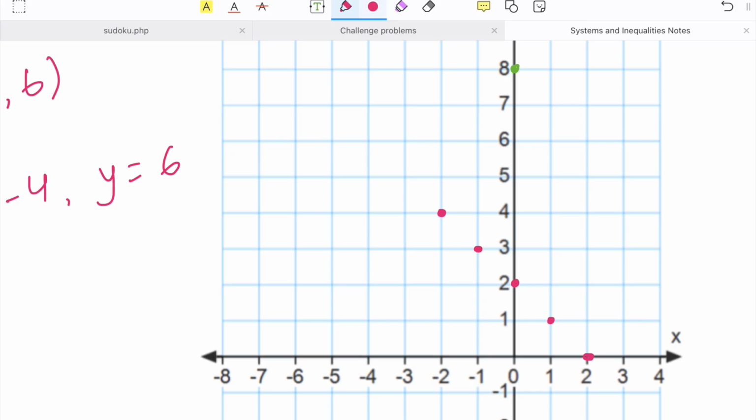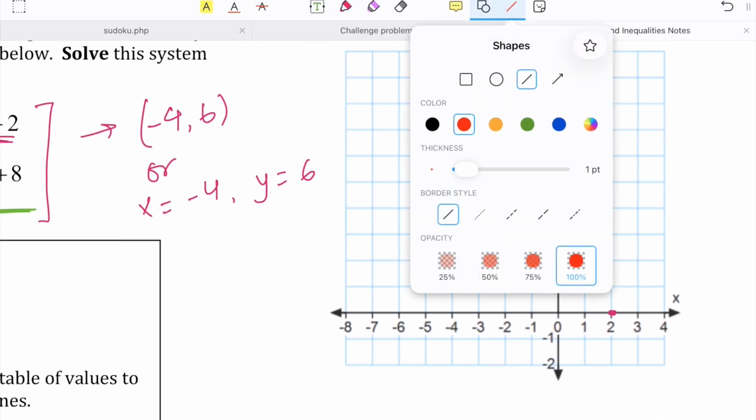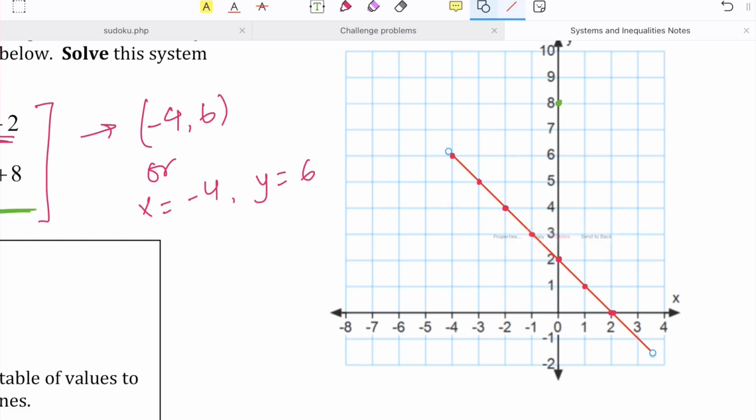We have negative 4, 6, negative 3, 5, and so on. So we can draw our line. And then don't forget about the arrows and write down negative x plus 2 over here.